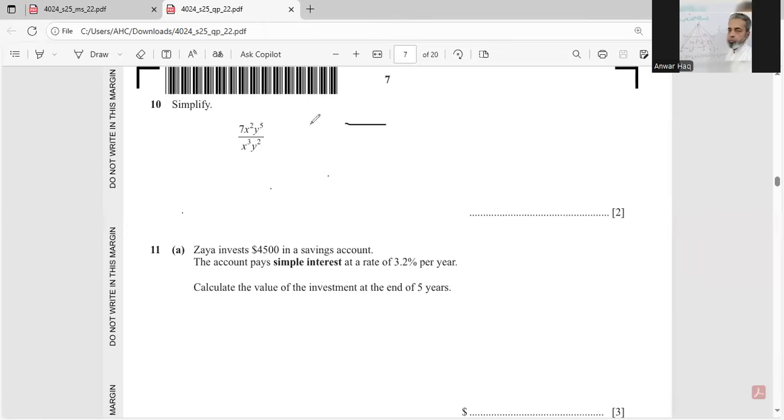Simplify 7x squared y to the power 5 over x cubed y cubed. So shift the small power towards the larger. So you will get 7 y to the power 5 minus 3 over x to the power 3 minus 2. So your answer will be 7y squared over x.